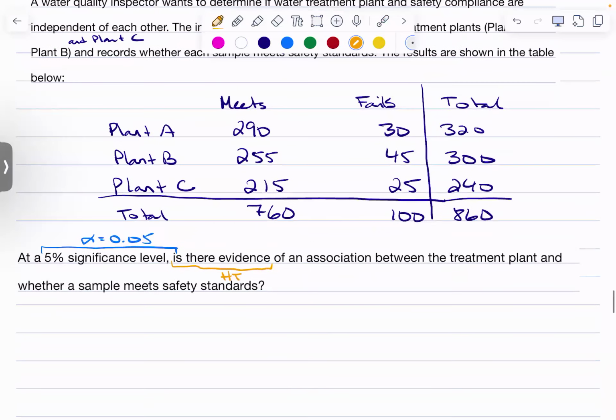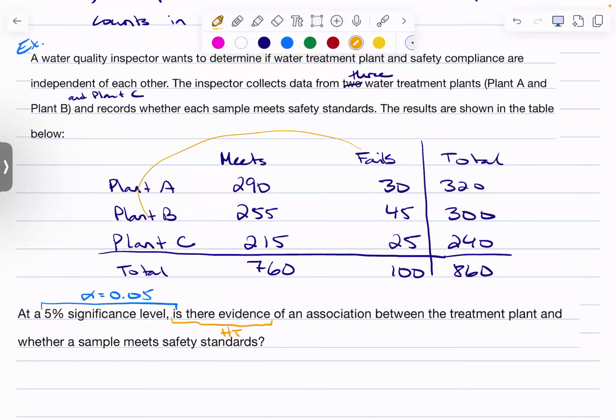And a dead giveaway of the type of question that you have is if I give you a two-way table, which I will, and ask you to do a hypothesis test for this quiz, it can only be a chi-square test of independence.